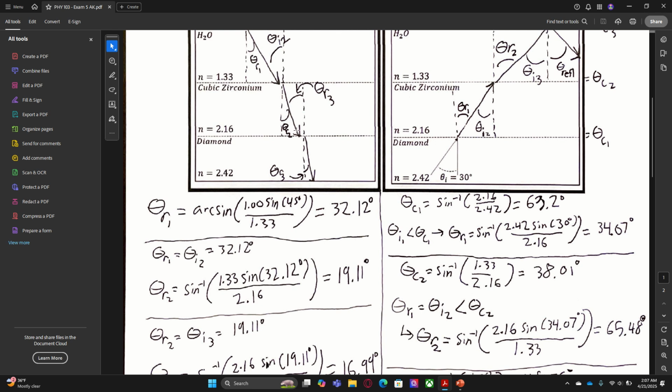Now, we are approaching another layer, diamond, which has a higher refractive index, which means we're going to assume that we are refracting. Therefore, theta R2 is going to equal our new theta I, or theta I3, and that is a typo there. That should say theta I3.